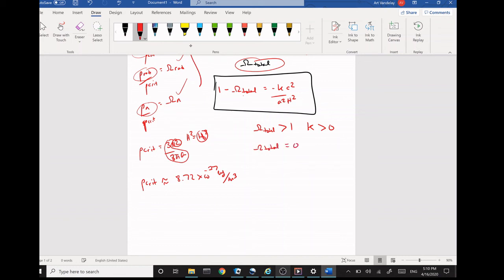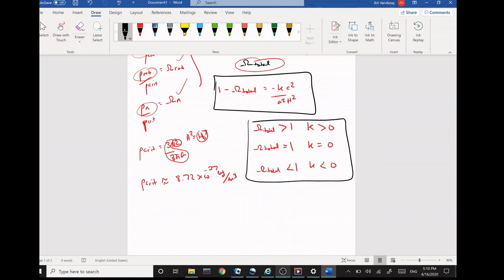If my omega total is exactly equal to 1, then my left-hand side will become 0, and this will tell me that k is equal to 0. And then finally, if omega total is less than 1, then 1 minus something is going to end up being positive, and that means k will be saddle-shaped. So these are 3 possibilities depending on what this total omega is.